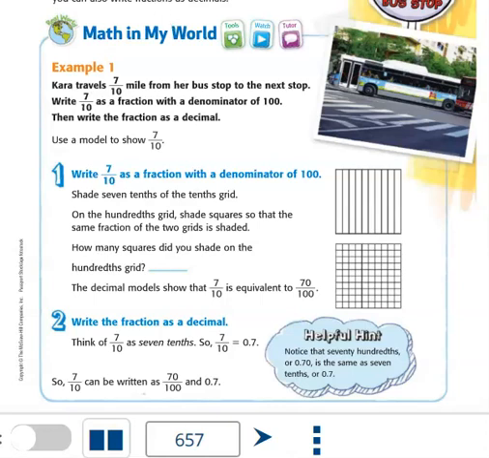So if I'm drawing, how many squares did you shade on the hundredths grid? I would be shading 70 hundredths.